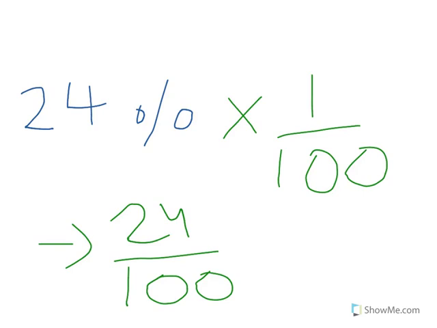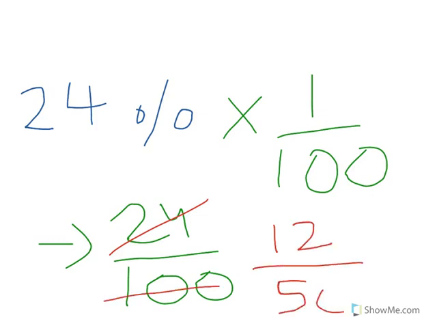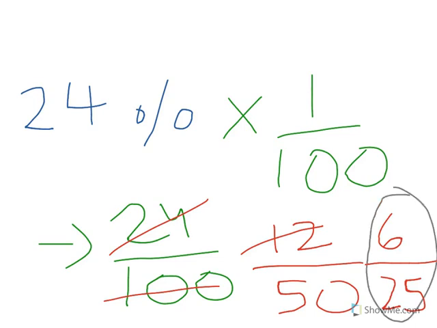For example, 2: it can be divided by 2, so 12 over 50, and then again 6 over 25 is the answer. I have just simplified it. If you want to simplify, that's up to you.